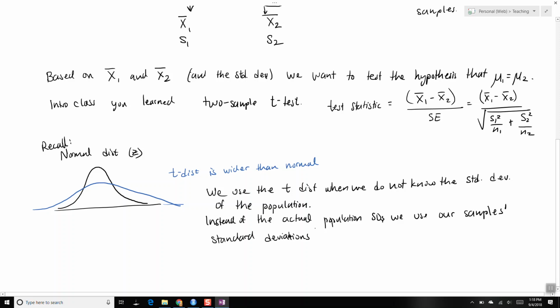But this introduces additional uncertainty, so it is compensated by using the t-distribution.